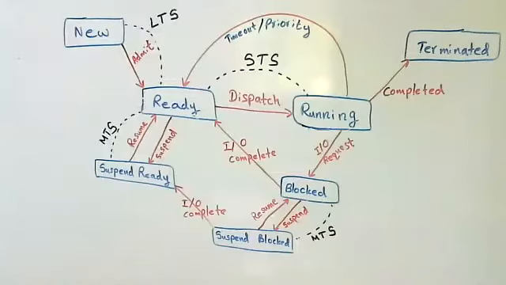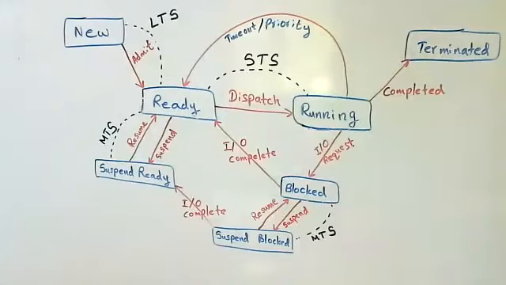For example, it may change from computer to computer. At a time, 100 processes can reside in the ready queue. The degree of multi-programming is 100. In another computer, the degree of multi-programming may be 50 or 70.